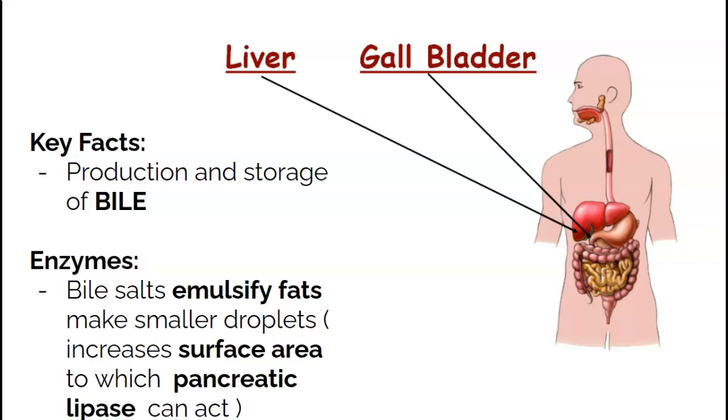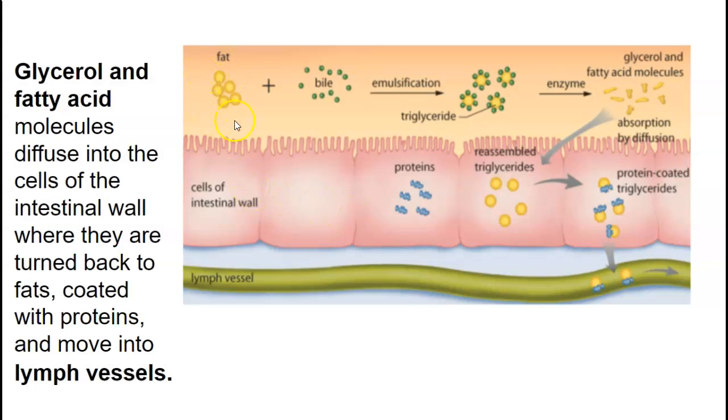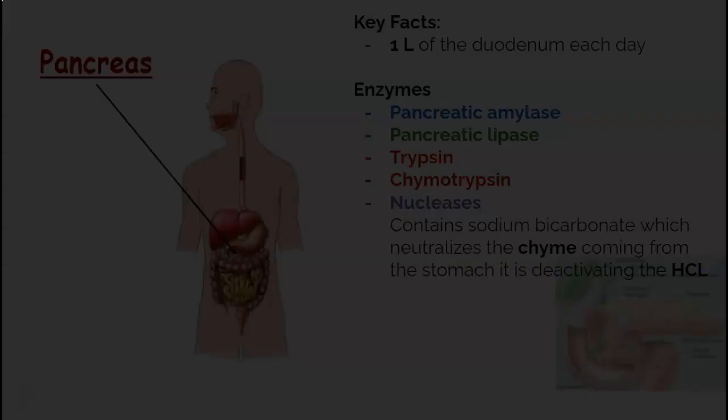Bile's job is to go and emulsify the fats. Okay, so if we go back again, sorry for the back and forth, but if we go here, here's a fat, here's bile. Bile's job is to attach to the fat molecules so that we can pull them apart. They're still a triglyceride, but we're just separating that triglyceride out a little bit so that bile can attach to it so we can actually get the enzymes in there to help break apart the triglyceride.